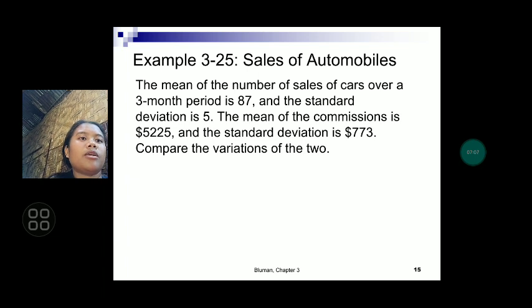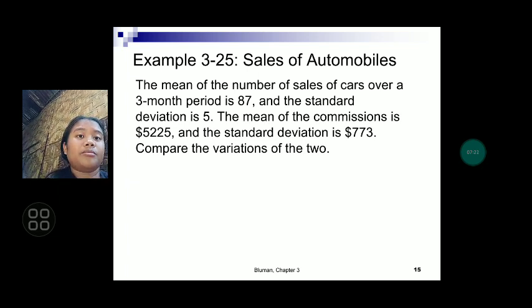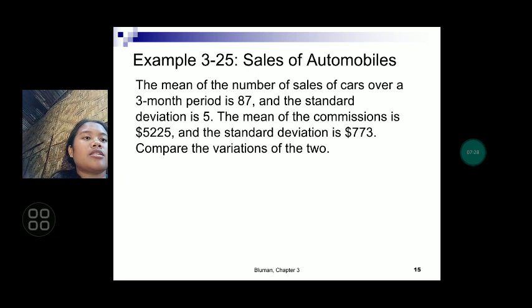The mean of the number of sales of cars over a 3-month period is 87 and the standard deviation is 5. The mean of the commissions is $5,225 and the standard deviation is $773.